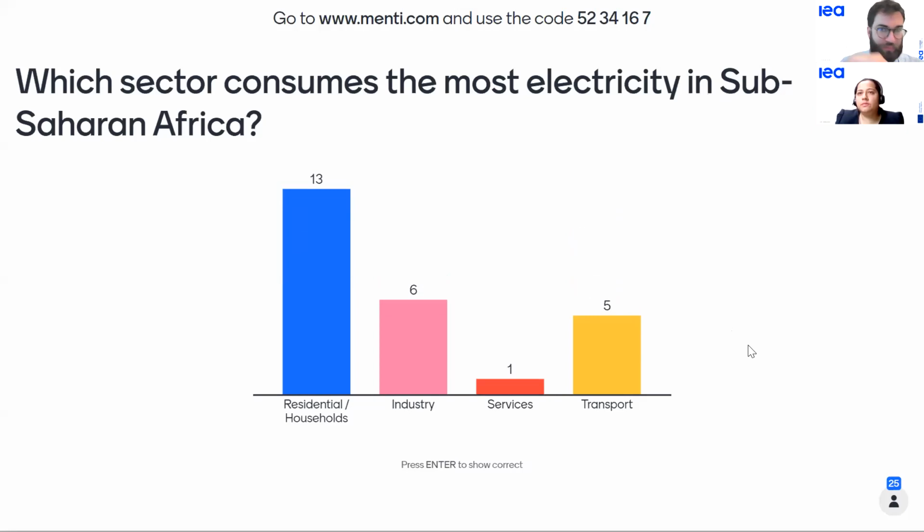Here it's a bit more mixed, but still we have 13 people who replied residential, 7 that said industry, 5 that think that it is transport. The right answer for Sub-Saharan Africa is that the residential sector consumes the most electricity.